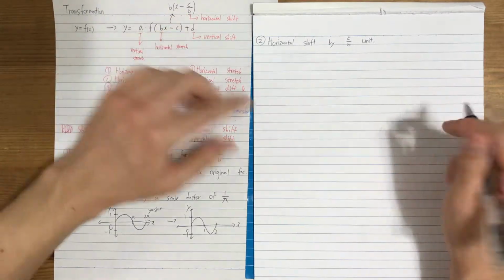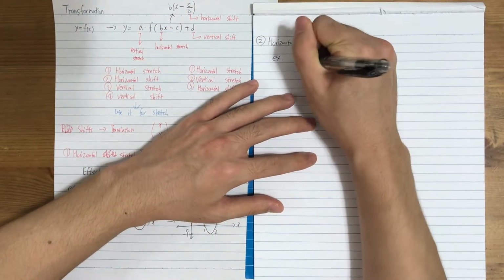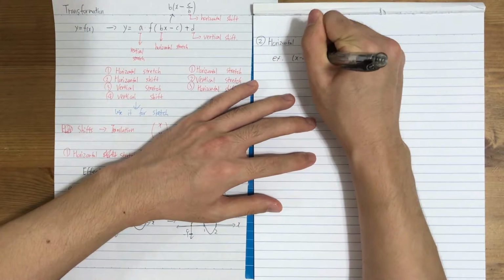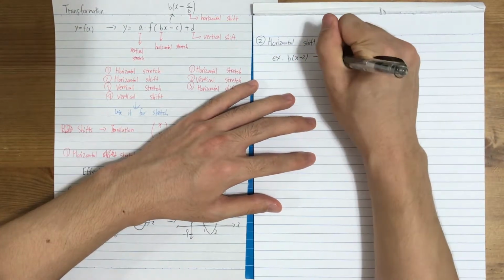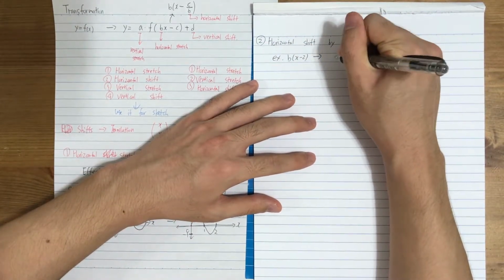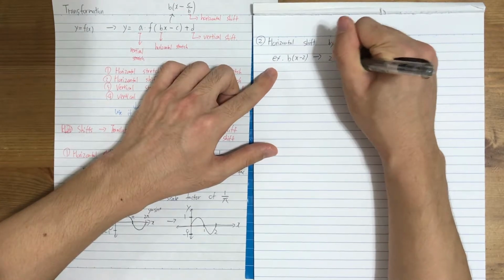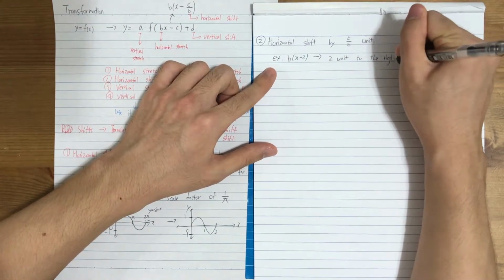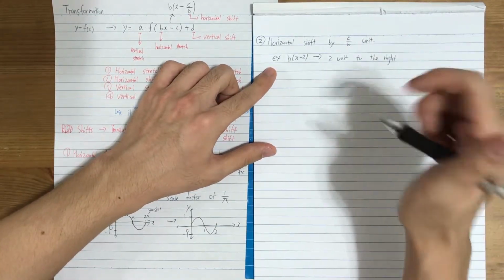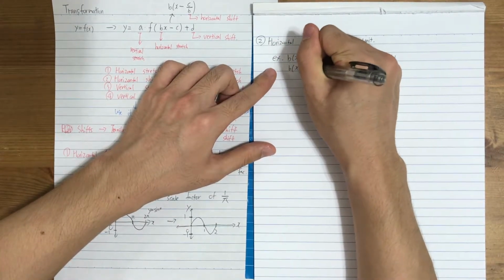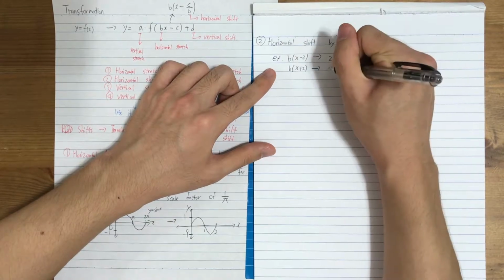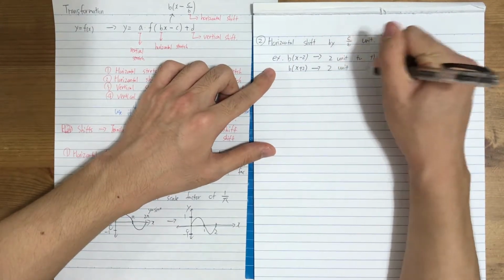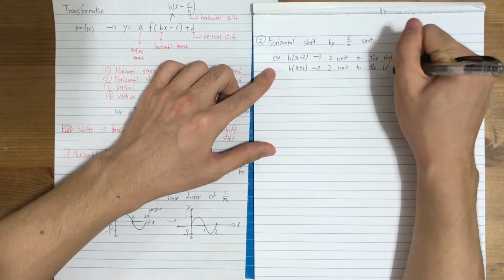For example, if it's x minus 2, so let's say b(x minus 2), then this means horizontal shift by 2 unit to the right direction, okay? And if it's something like plus, that means 2 unit to the left.